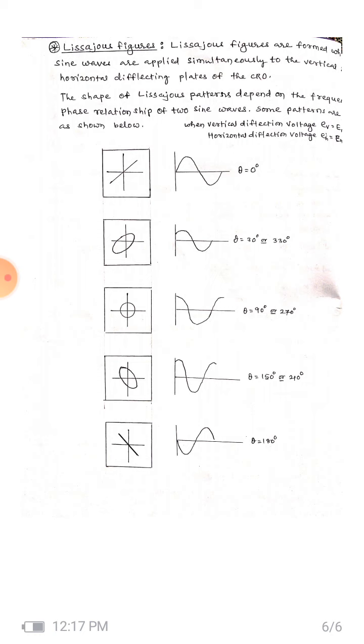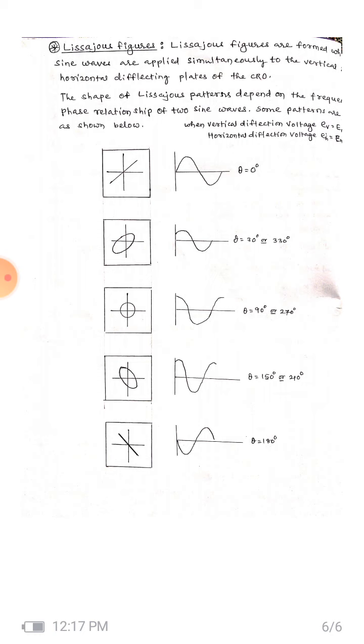The shape of the Lissajous pattern depends on the frequency and phase relationship of the two sine waves, when the vertical deflection voltage is Em sine theta plus phi, and the horizontal deflection voltage is En equal to Em sine theta. We can see some of the patterns here. By noting the patterns on the screen, we can easily measure the phase and frequency relationship of two sine waves.